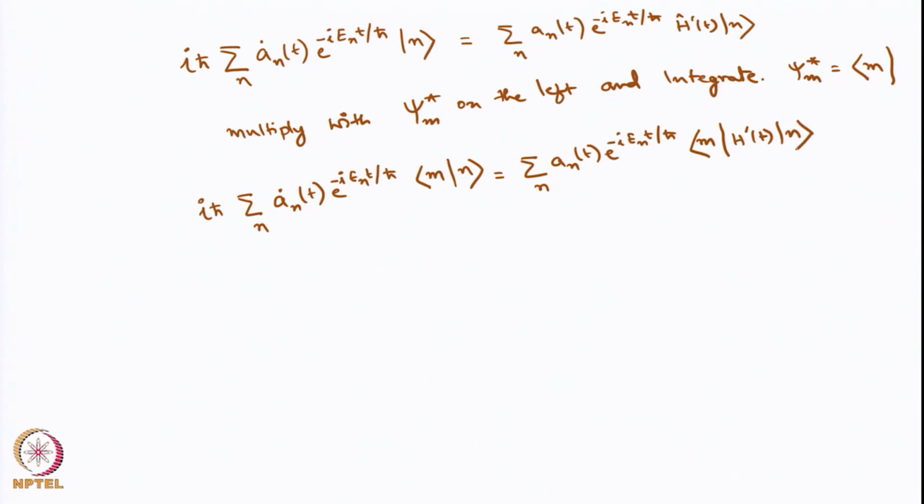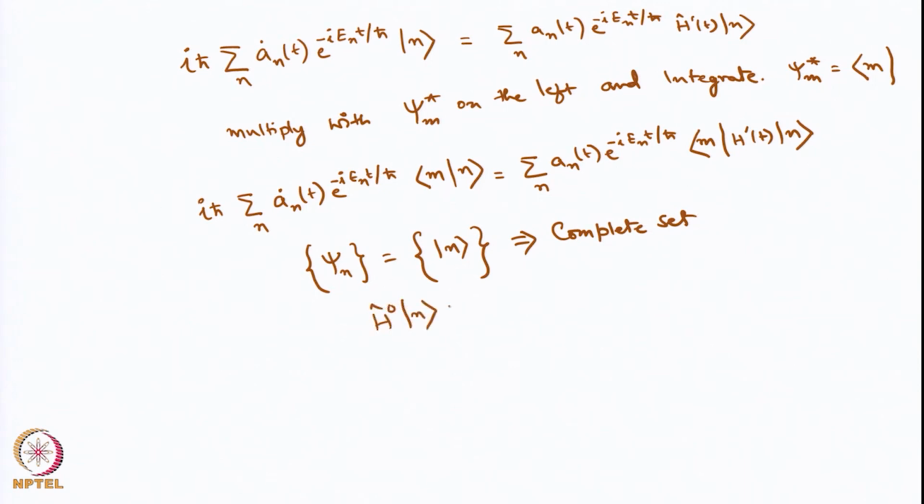Now, we know that the wave functions ψ_n form a complete set, and they are the solutions of the Hamiltonian H naught. Therefore, the integral ∫ψ_m* ψ_n is equal to δ_mn.